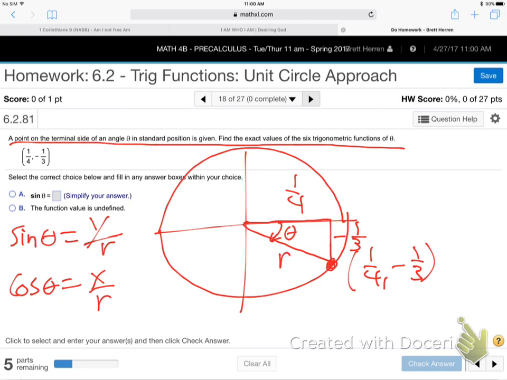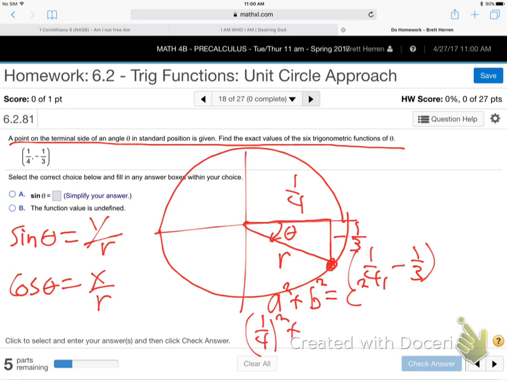So I can find the r, the radius, by what? Pythagorean theorem. So find the radius by the Pythagorean theorem. a squared plus b squared is c squared.